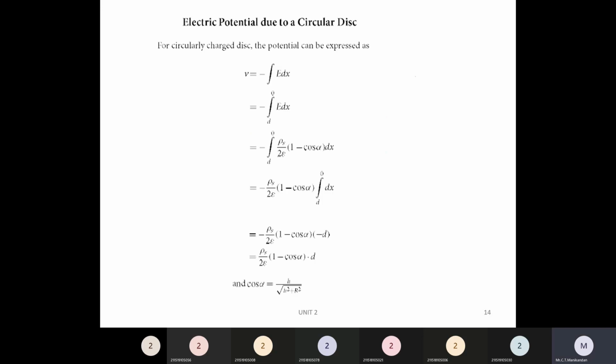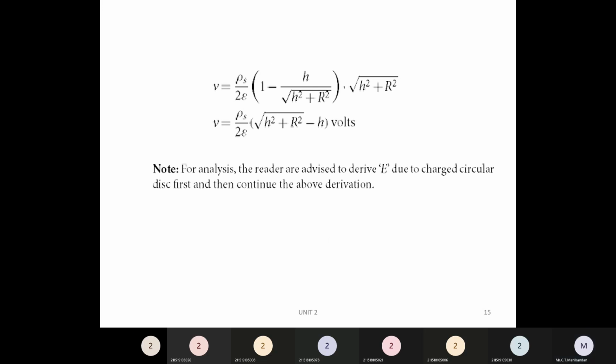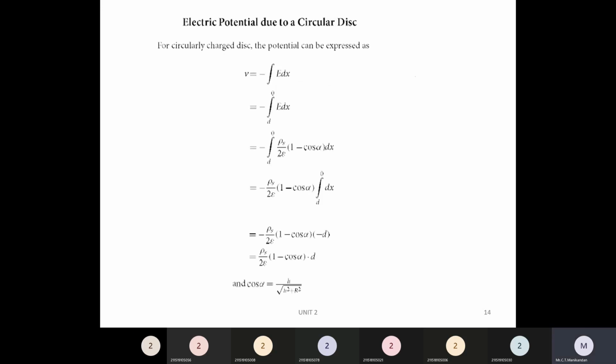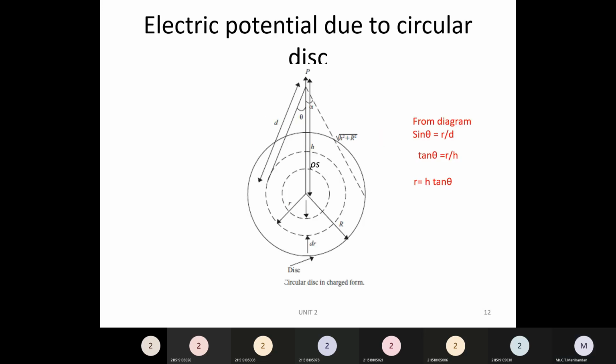We apply that concept here, and from that we can find the potential: rho S by 2 epsilon into root of H square plus R square minus H. You know about H and R. H is the distance between the center of the disk and the point where we have to find the electric field, and R is the radius of the disk.